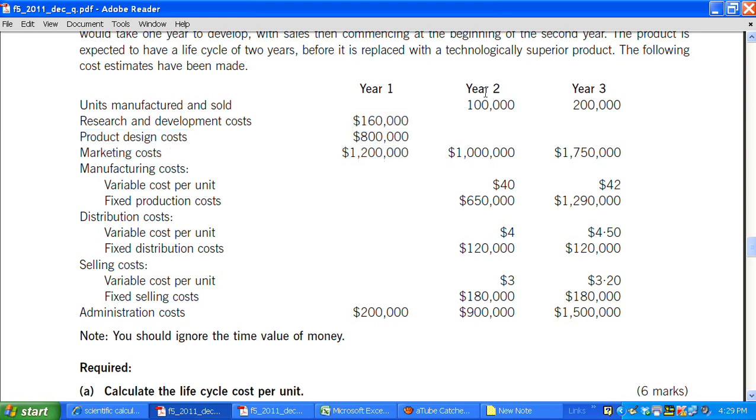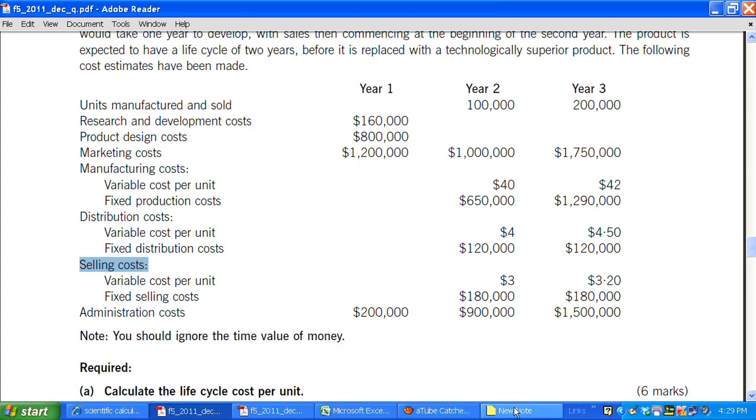Then in year 2 we've incurred marketing costs. We have variable manufacturing costs, fixed production costs, then distribution costs which are variable at $4 per unit. So to get the total variable cost will be $4 times 100. Then you have selling costs. So all we have to do is add them up.